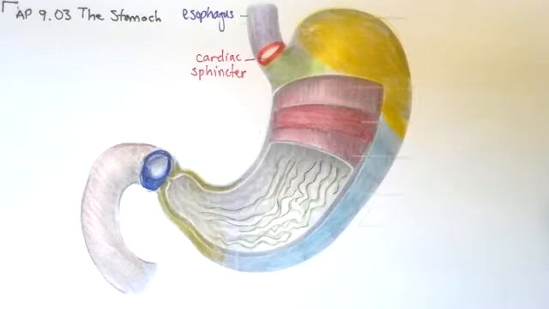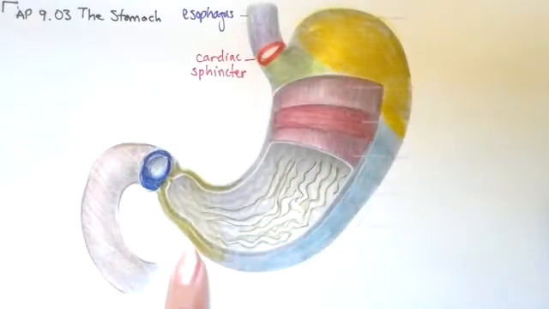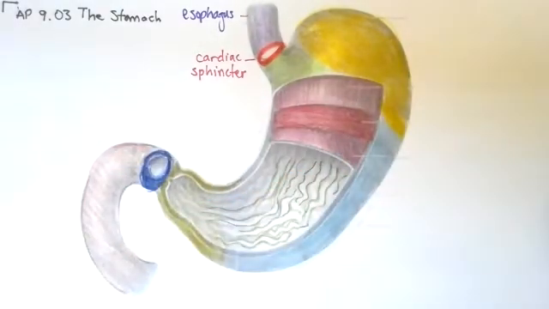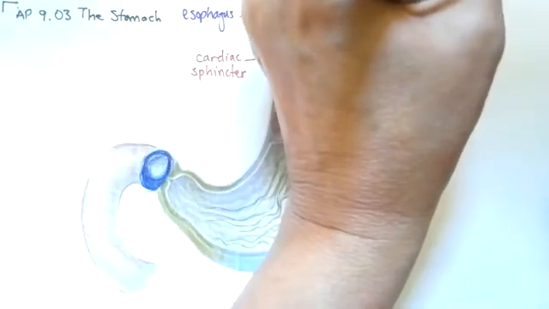The stomach's broken down into regions. So you have light green, yellow, light blue, and this is like a dark tan. This one and this one look almost the same, but that's a tan. This upper part of the stomach, and since I can't really write in yellow, I'll write in black, is called the fundus region.